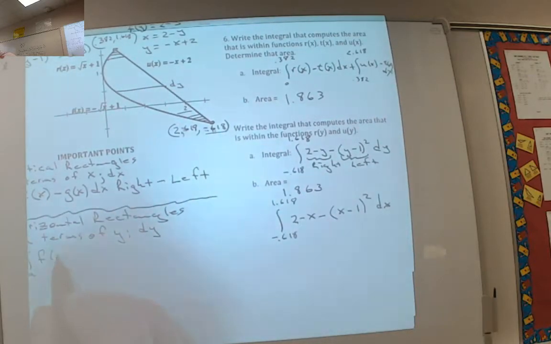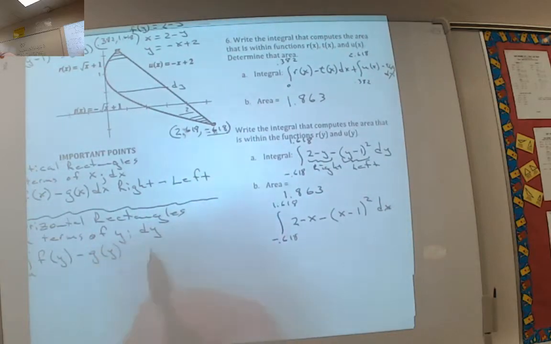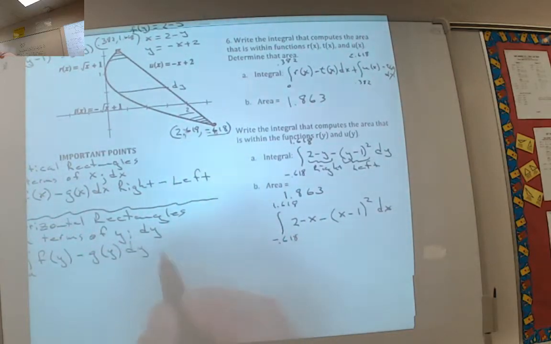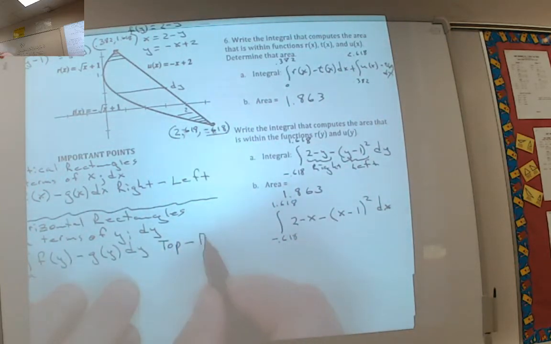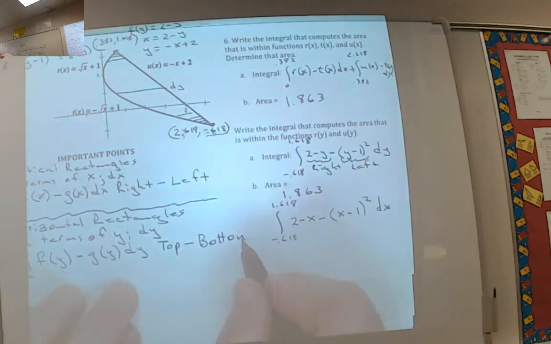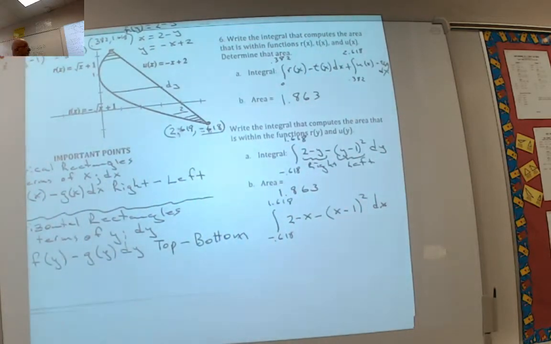F of y minus g of y dy, and it's going to be top minus bottom. I'll raise that up a little bit.